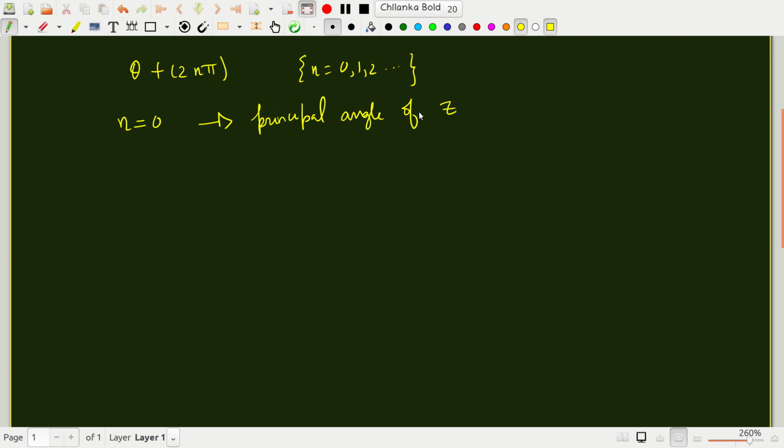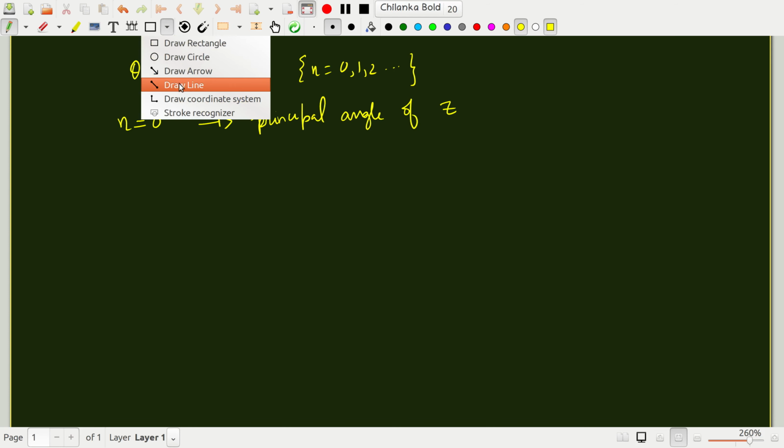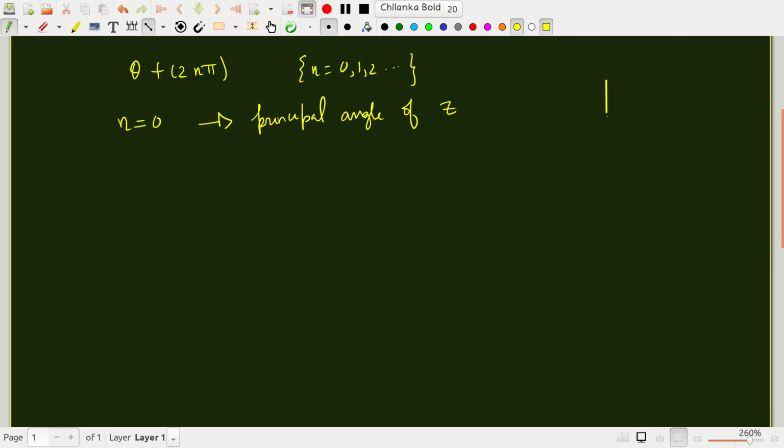Now there is one very important point regarding representing complex numbers. Suppose I have the complex plane as usual, and a number which I represent here from the origin.